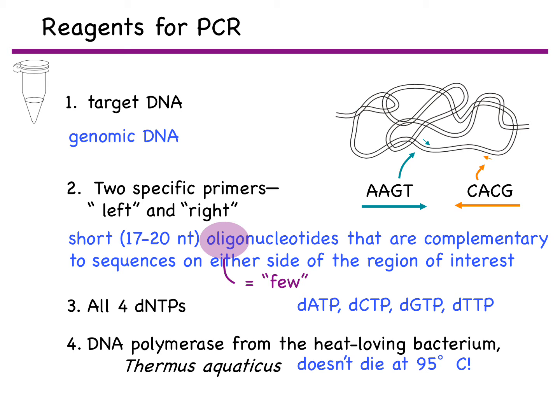And the reason you use this polymerase from this particular organism is because in the PCR reactions, as you'll see in the subsequent slide, you will actually have to go through repeated processes of heating and cooling, and most polymerases would basically be denatured by the high temperatures that are required for doing PCR. But the polymerase from Thermus aquaticus is quite stable, and so it survives under very high temperature conditions.